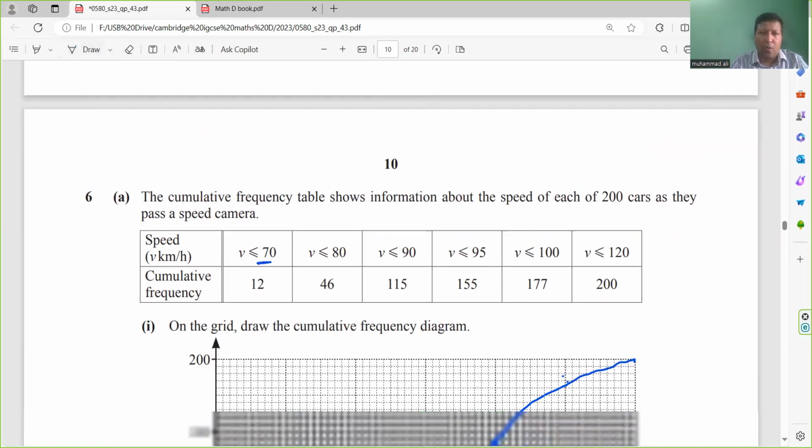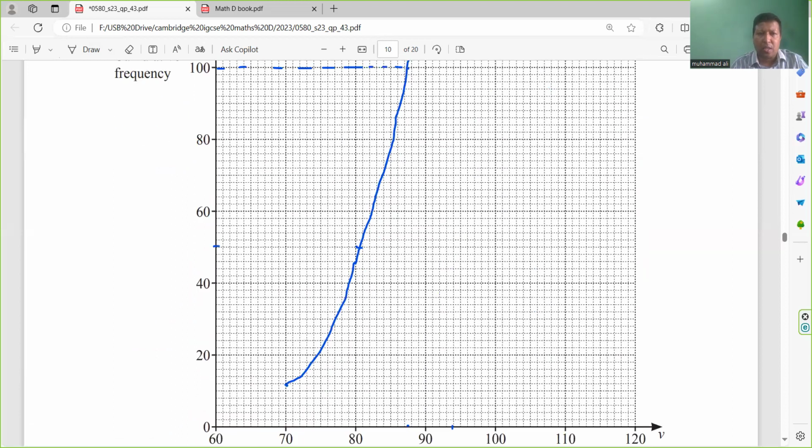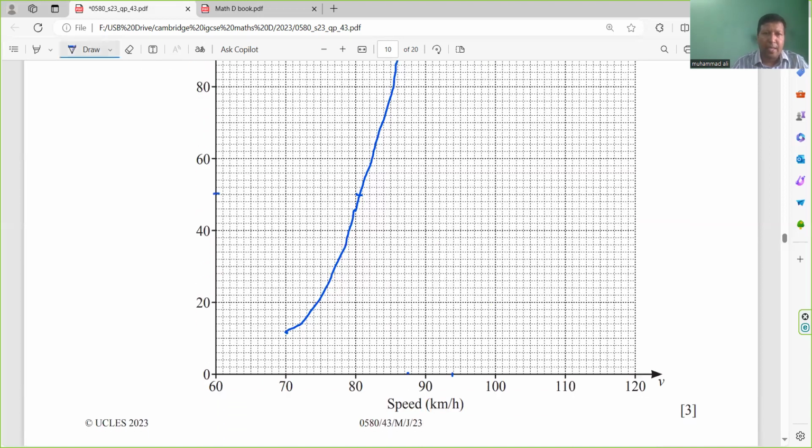Now, for this cumulative frequency curve, vertically 2 centimeters has already been taken as 20. So as 2 centimeters is 20, each box vertically equals 20 divided by 10, that means 2.